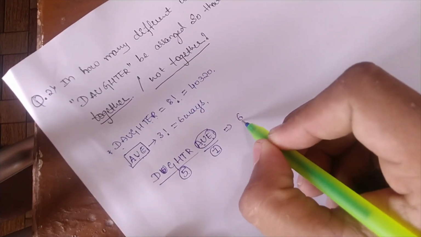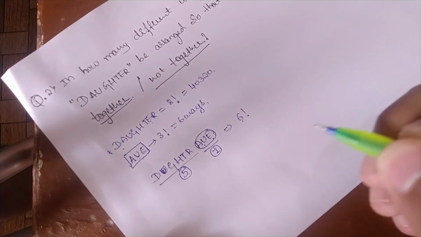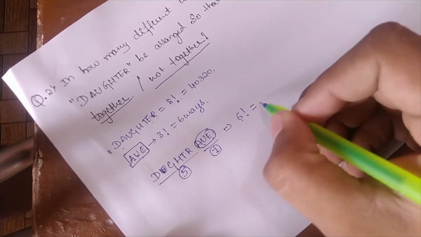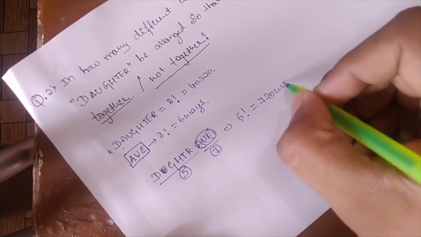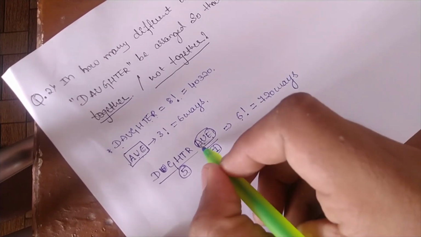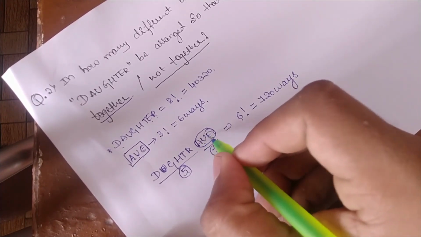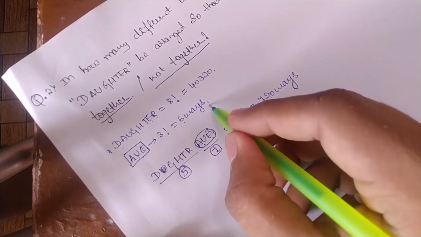So there are 6 letters which can be arranged in 6 factorial ways. So it can give you 720 ways. But the AUE itself can be arranged in 6 ways.